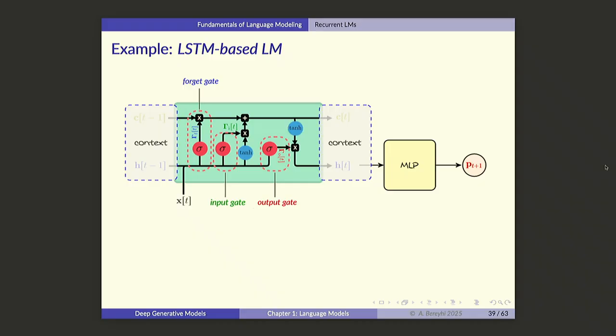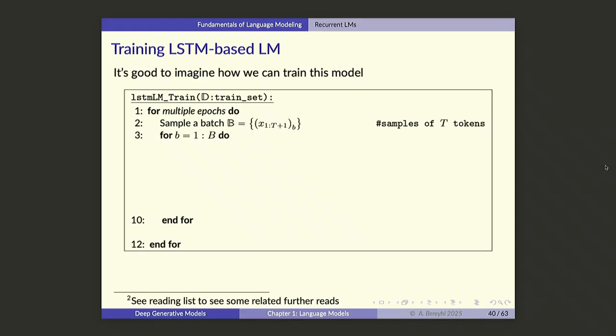No question? So now, if you want to think about how we can train this model, essentially we are going to do the same thing as before, but this time instead of just adding up the context, we are going to do it recursively over time, right? You start by making one batch of samples, and then for every single sample, you loop over time. You start with some initial cell state, the state C, which is going to be some dummy, empty value, meaning there is no context right now for your model.